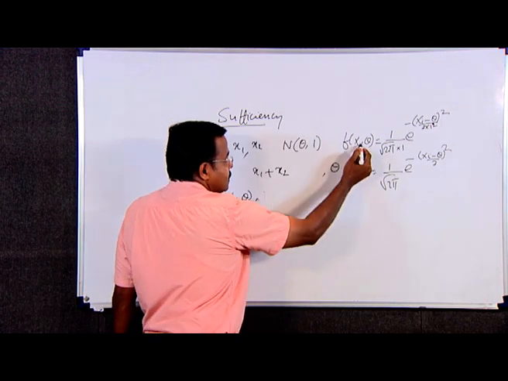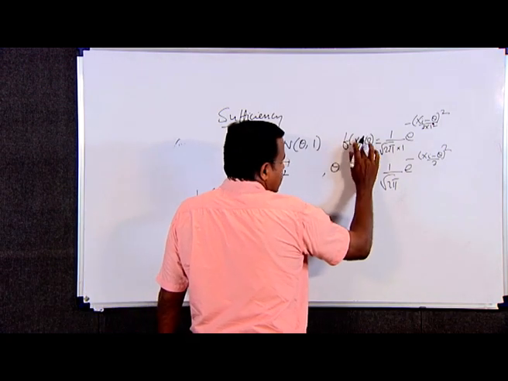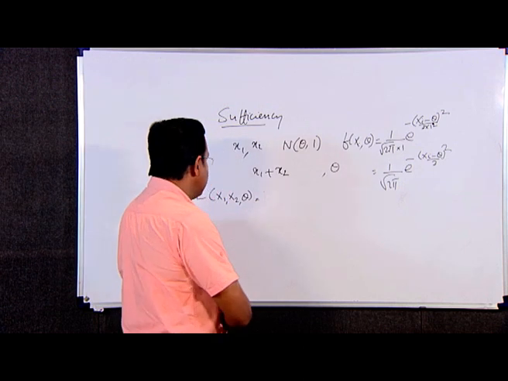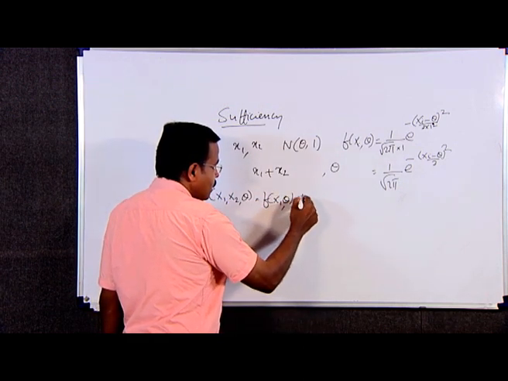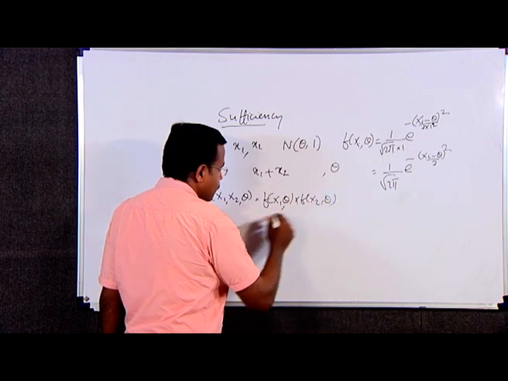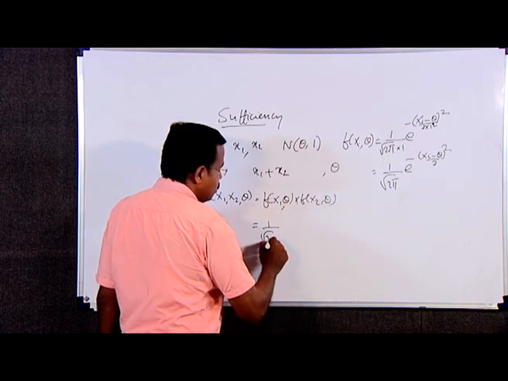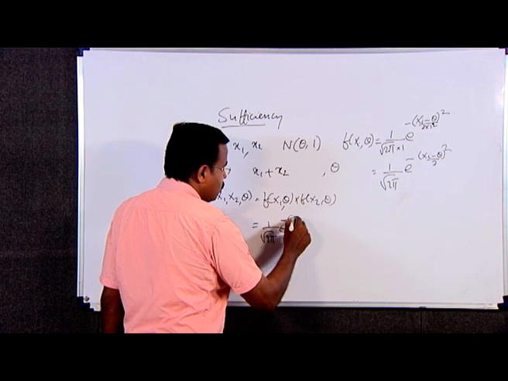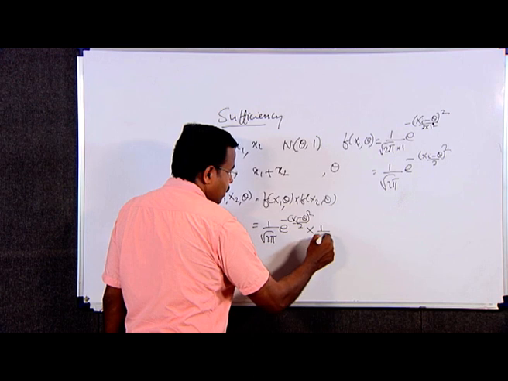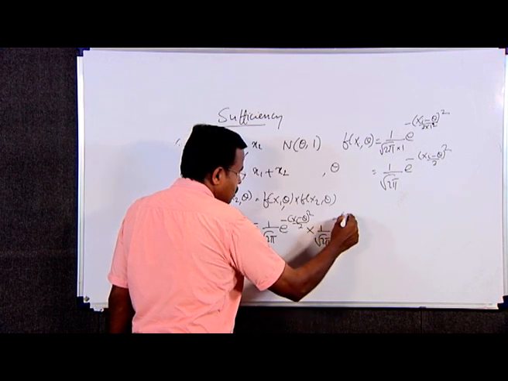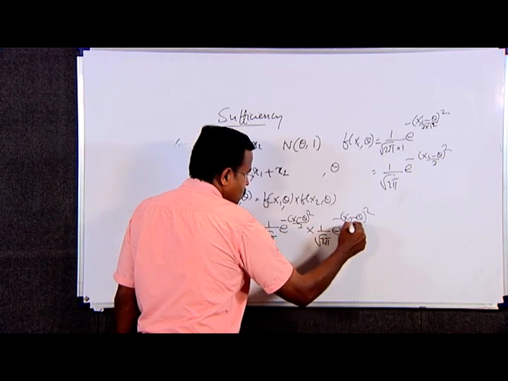That is f of x i, theta. Okay. So, here L of x1, x2, theta is f of x1, theta into f of x2, theta, that is 1 by root 2 pi e raised to minus of x1 minus theta whole square divided by 2 into 1 by root 2 pi into e raised to minus of x2 minus theta the whole square divided by 2.